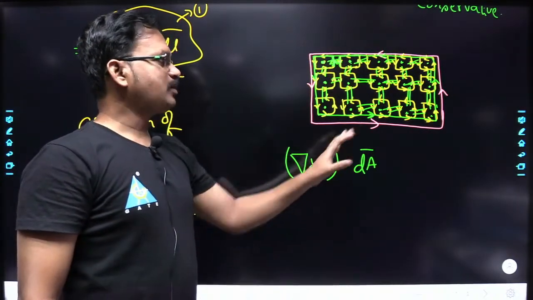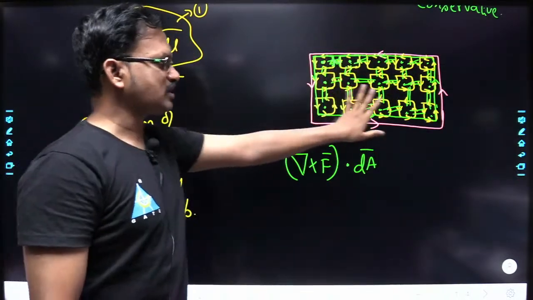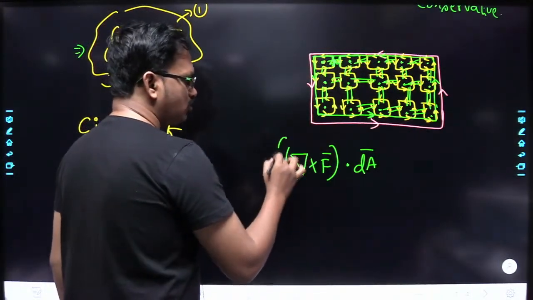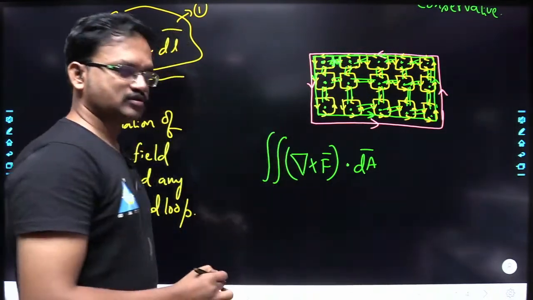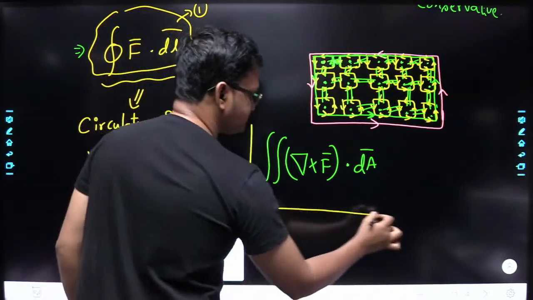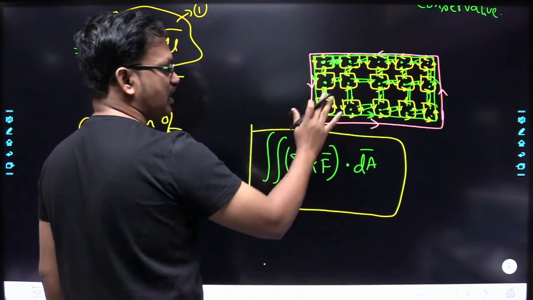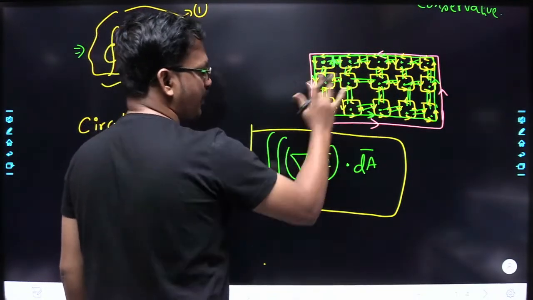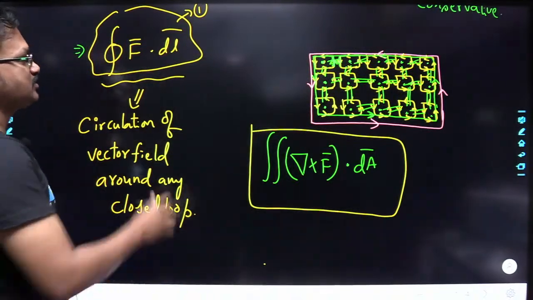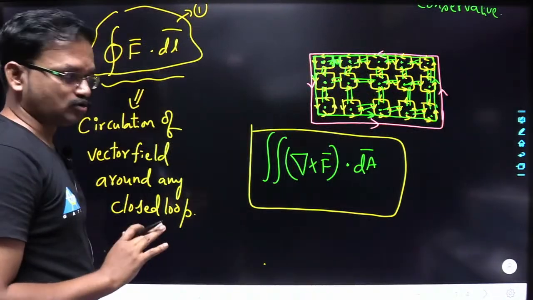Now if you add up all the curls at each and every point throughout this surface, then you have to integrate throughout this surface. This is nothing but, if you add up the curls at each and every point throughout this surface area, finally you are going to get the circulation of the vector field around the closed loop, yes or no?